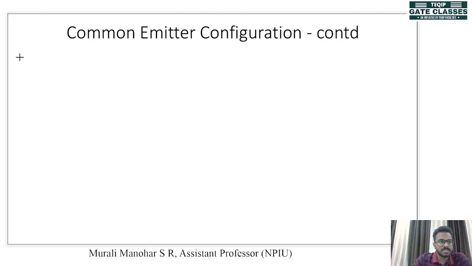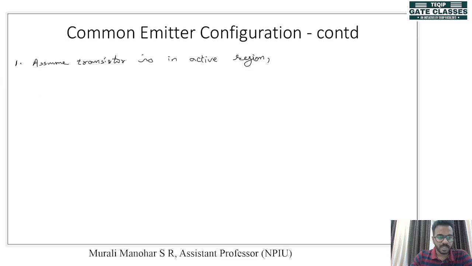Now we can see the methods which are used to find out the region of operation. In the first method, we will be assuming that the transistor is in active region. So what will be the value of VBE?